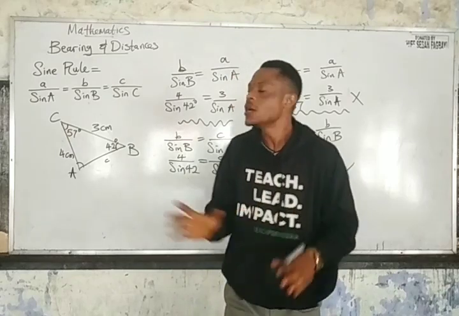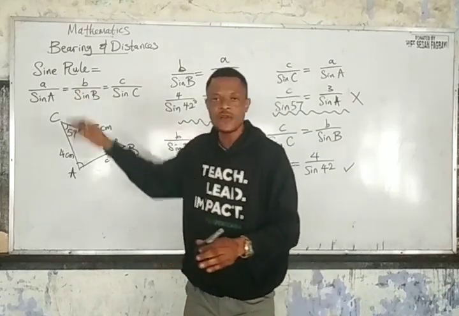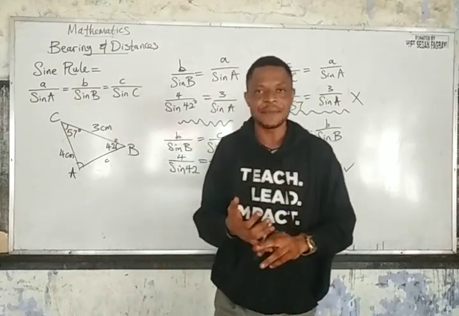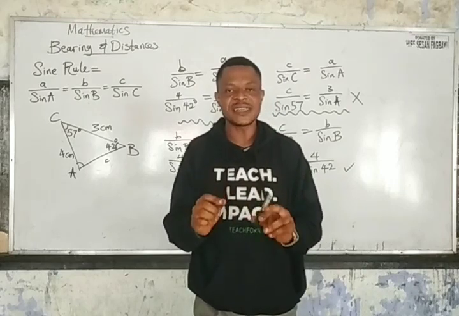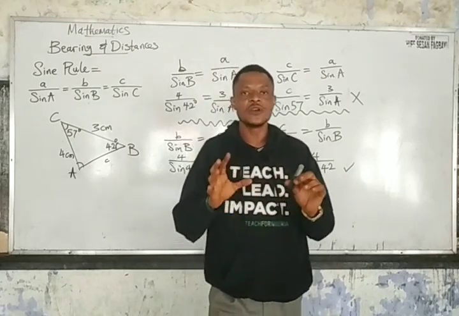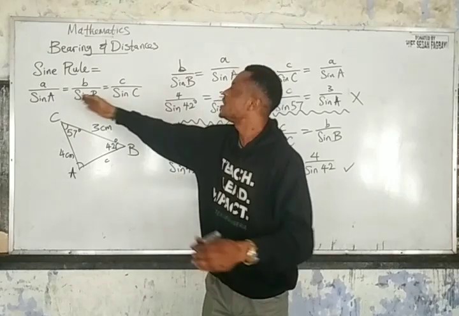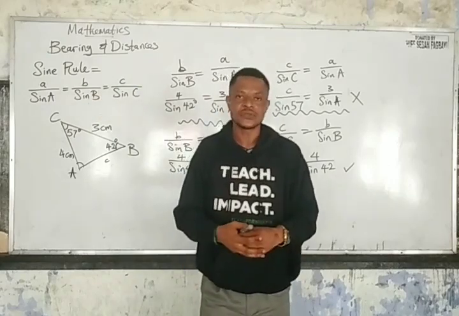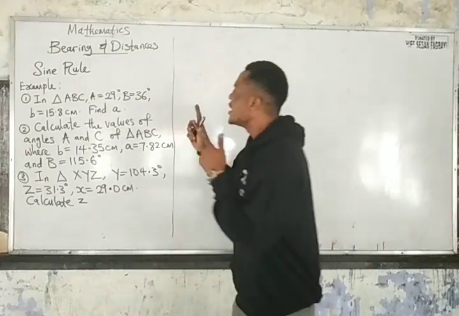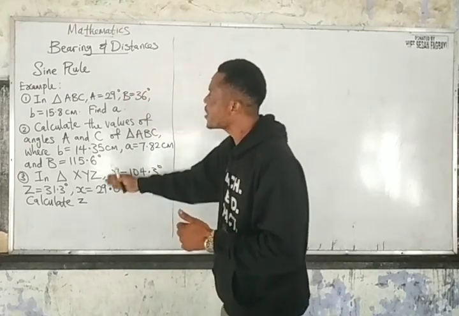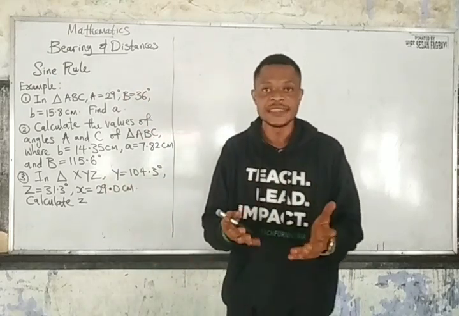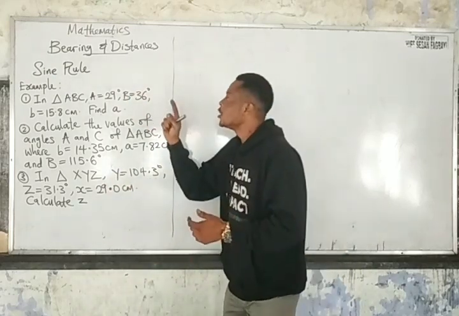So above all, the formula for sine rule is A all over sine A equals to B all over sine B equals to C all over sine C. It is now up to us to identify the option we are going to pick from the 3 given values. Of course, let's get this done. We have 3 questions here under the sine rule application.